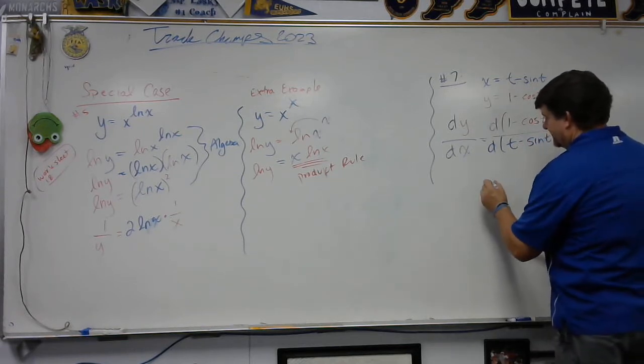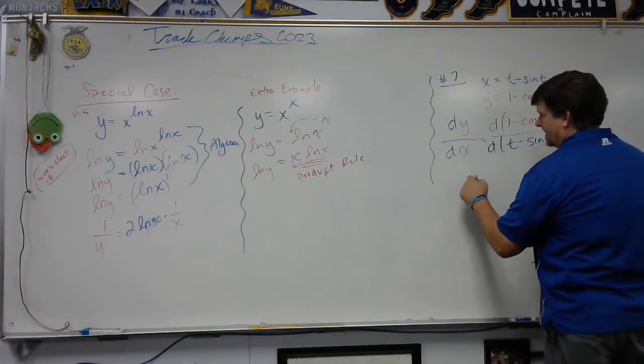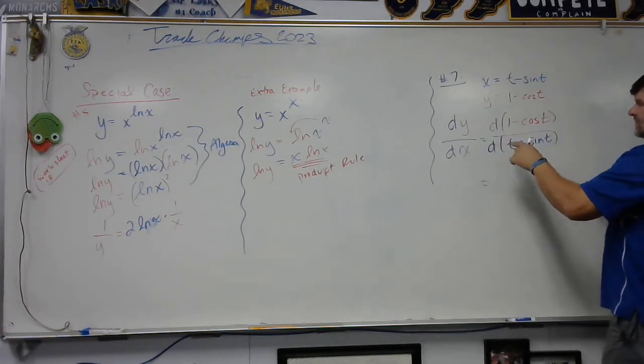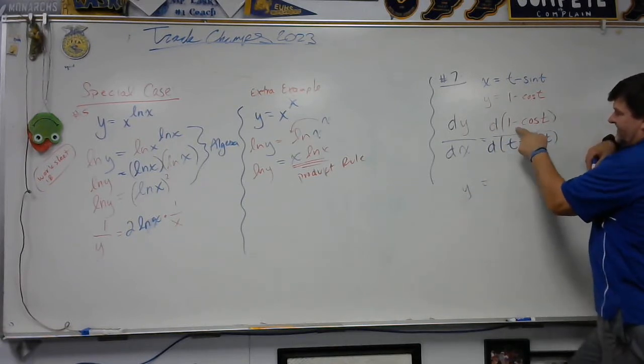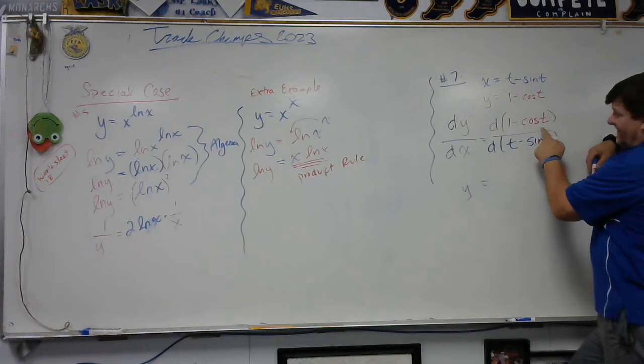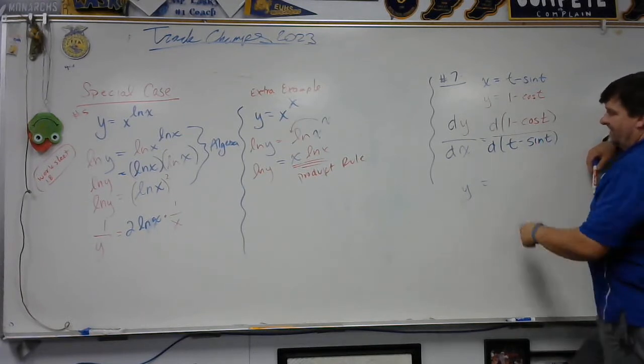So now we take the derivative of these pieces for y prime. I take the derivative of this by itself, and I take the derivative of this by itself, and then I can finish the job.